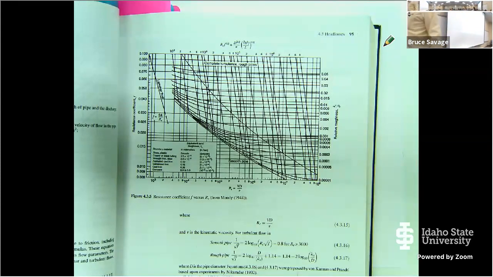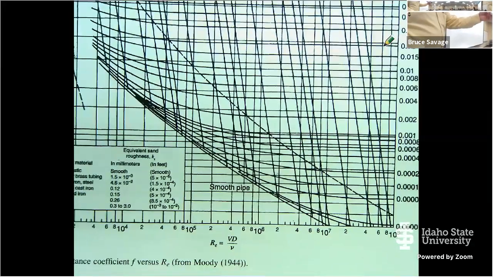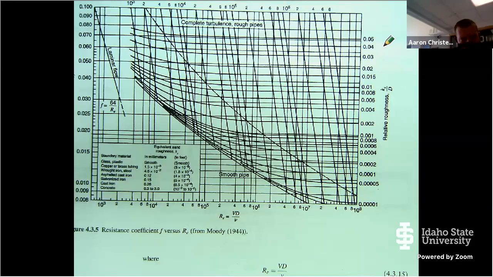Best you can. Let me see if I can zoom that out a little bit. I know reading it from there is going to be hard, but you should be able to get kind of close, right? 0.022. Okay, that's probably in the ballpark.